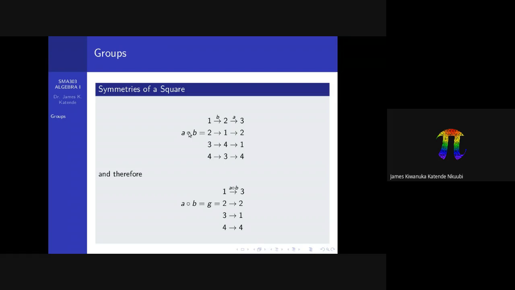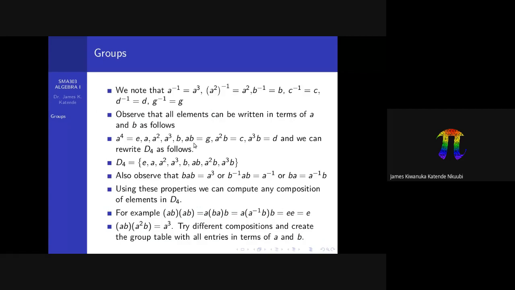Most of the time we shall just write this as AB and omit the circle. A followed by B next to each other, and we remove the circle to represent this operation. That's what I'm doing in this section. I've removed that circle and just written the operation multiplicatively.